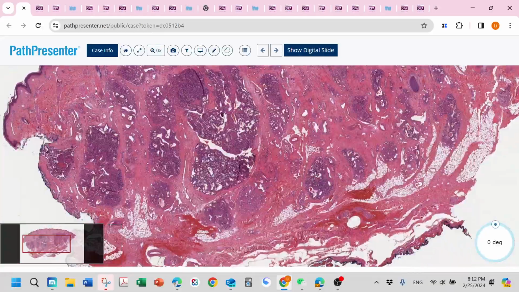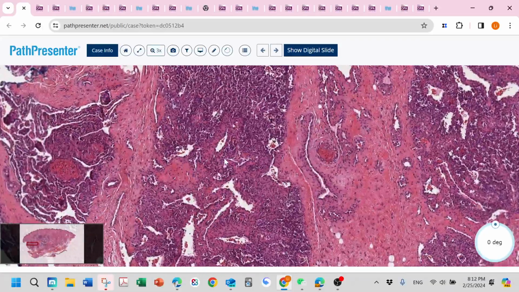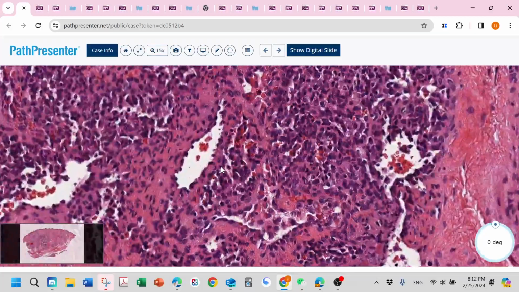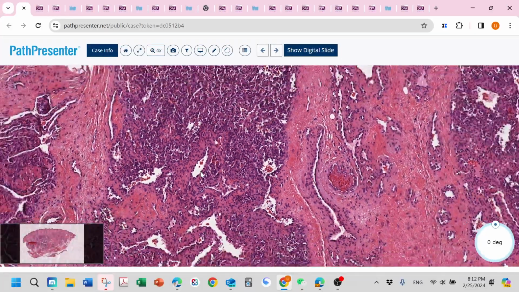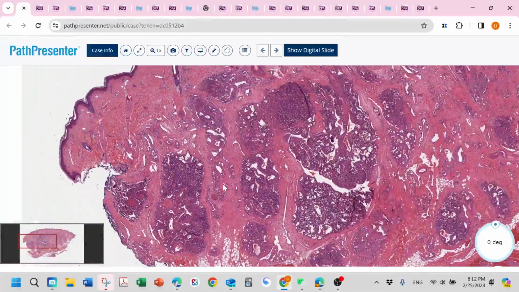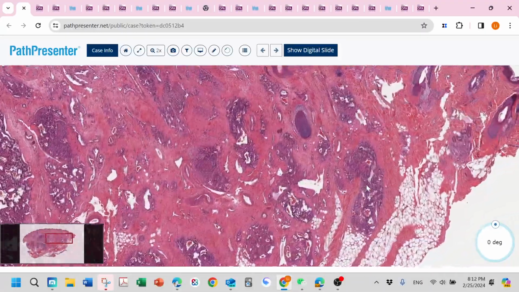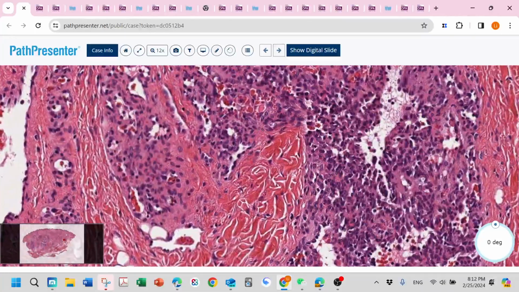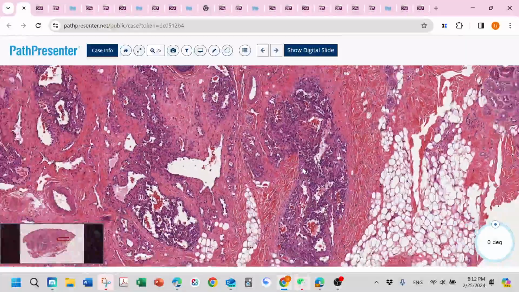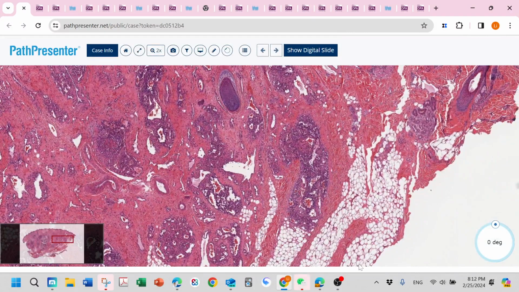Then combining all the history, and this endothelial vascular lesion, you can call this infantile hemangioma. And then the characteristic IHC staining is GLUT1. Individual nodule like this.